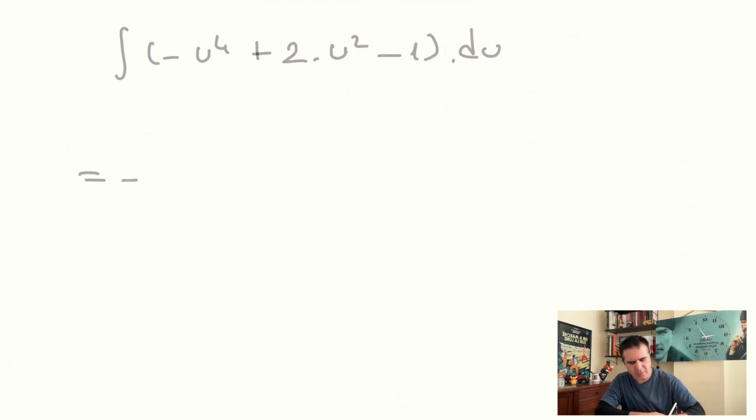The integral becomes minus 1 over 5 times u to the power of 5 plus 2 over 3 times u to the power of 3 minus u.